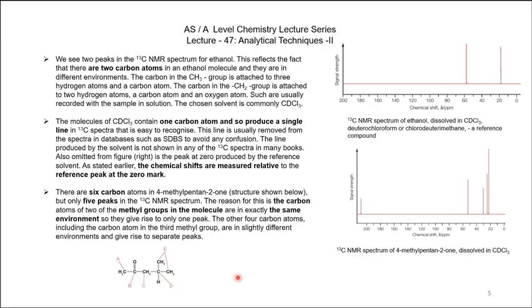Why is that? We can go to this molecular formula and see the environment of each carbon atom. If we take this one, it has an environment, let's say A. What about this one? This must have a different environment than that of A. So if we say that's B, then what about this carbon atom?